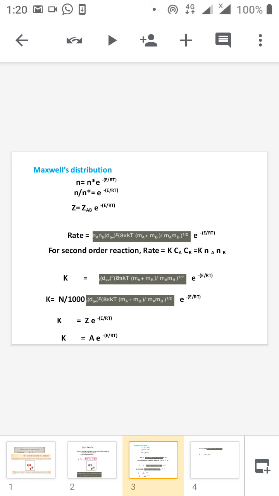That means n by n star gives the number of molecules inside the centimeter cube having that energy and velocity at a time t.